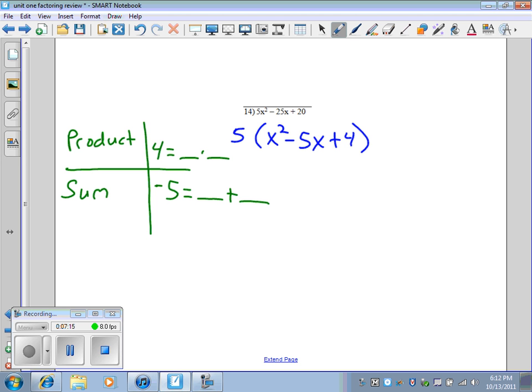Since it has to be positive 4 for the product and the sum has to be negative, I am going to have negative 4 and negative 1. That will give me a positive 4, but it will also give me a sum of negative 5. So my answer would be 5 parentheses x minus 4 and x minus 1.